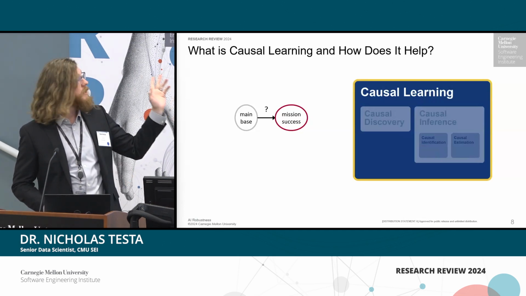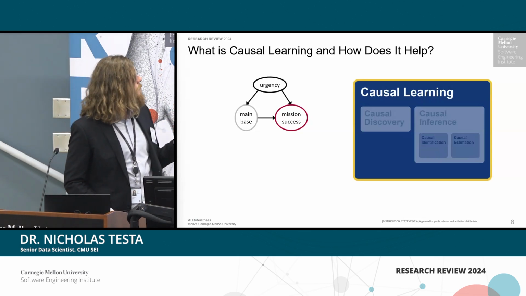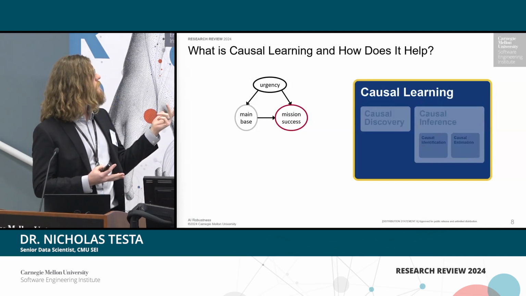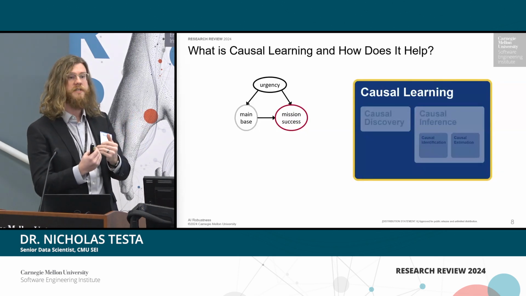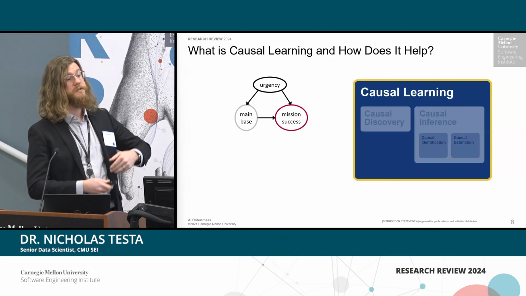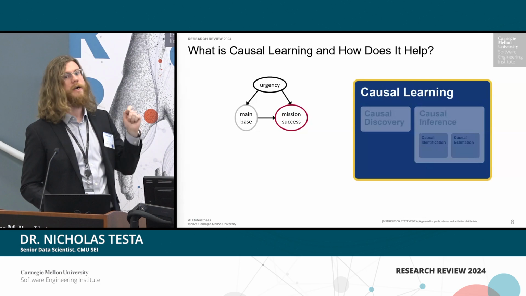In our example here, it helps us understand that main base and mission success may have a common cause, like mission urgency, which can inform both which base is chosen and also mission success. This can be a source of bias that we want to correct for. Causal learning allows us to do that in a quantifiable mathematical way.